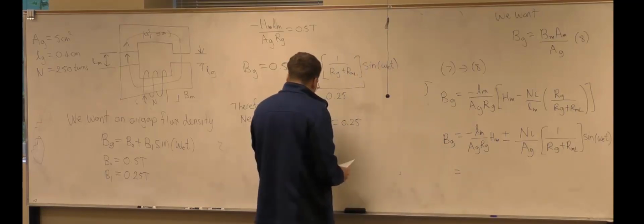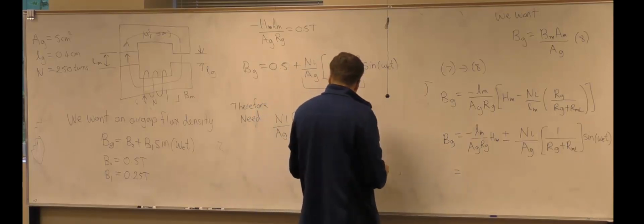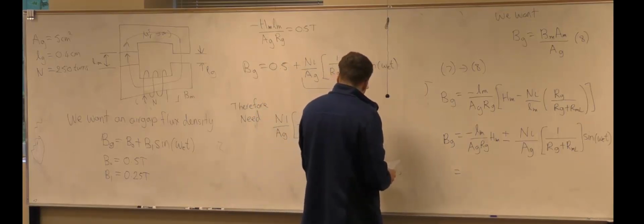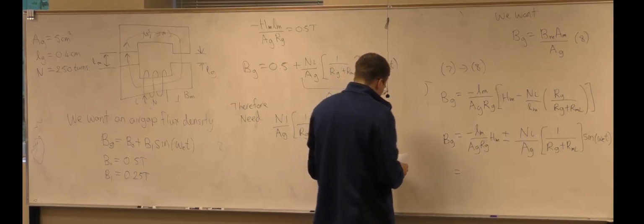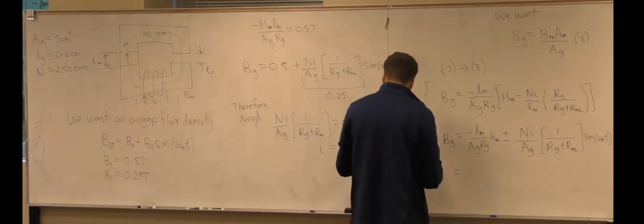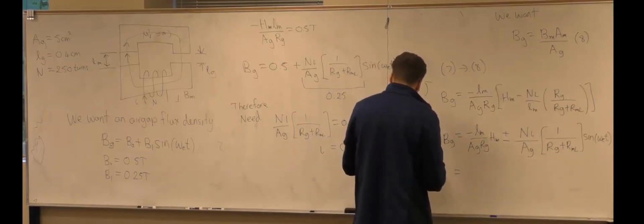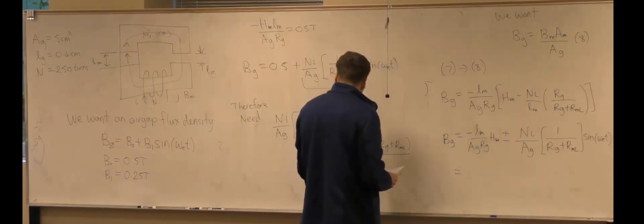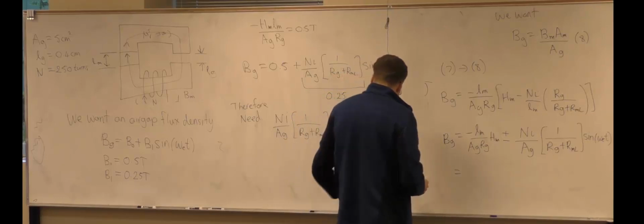So we can rearrange this and we get out I is equal to 0.25 times the area of the air gap times Rg plus Rml divided by the number of turns.